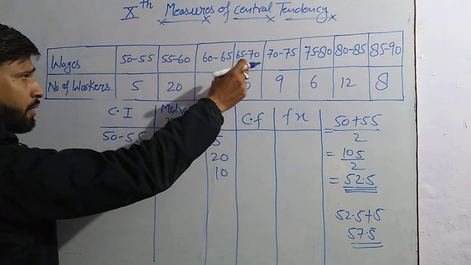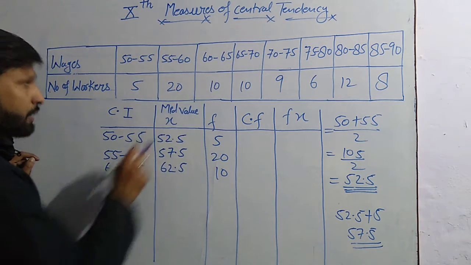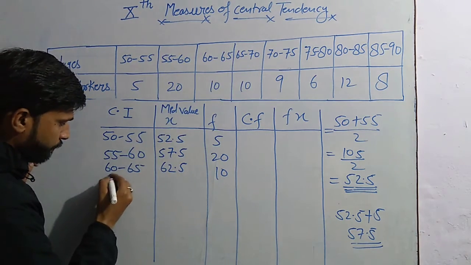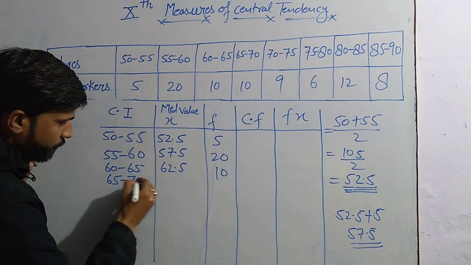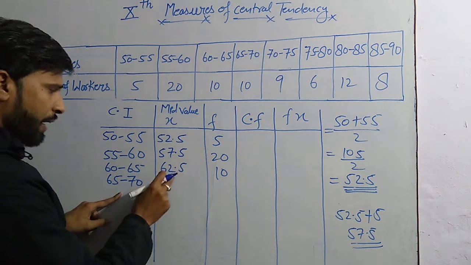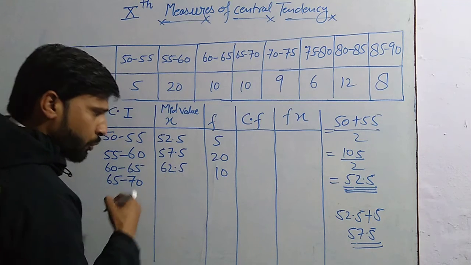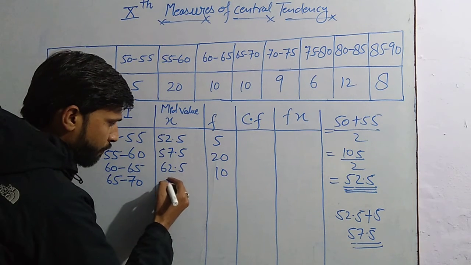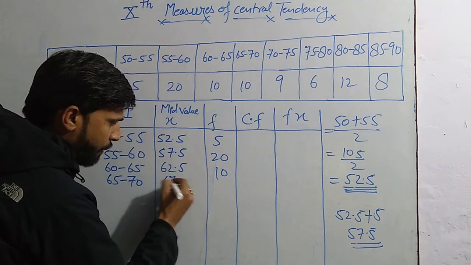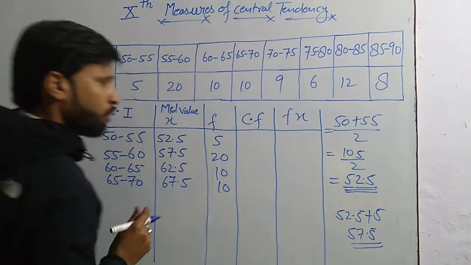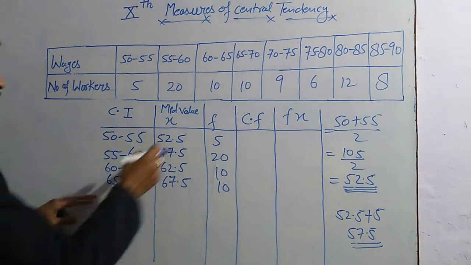Now the next value is 65 to 70. Again we add 5: 62.5 plus 5 means 67.5, and the frequency is also 10.